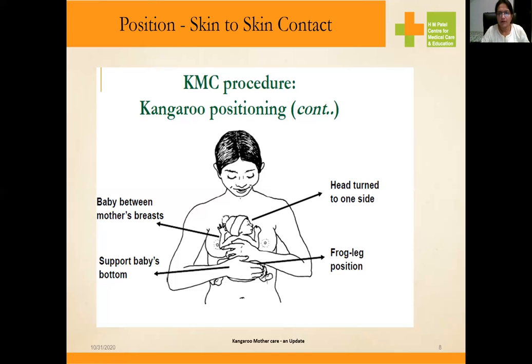Sometimes it is also given in the lying down position, although it is safer to give KMC while mother is in a comfortable position, sitting upright with the backrest at 45 degrees. There are special chairs available called KMC chairs, which are slanting chairs where mother can sit with appropriate rest at the back and give kangaroo mother care.